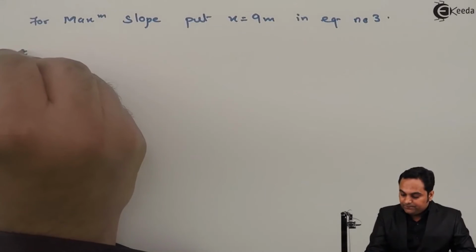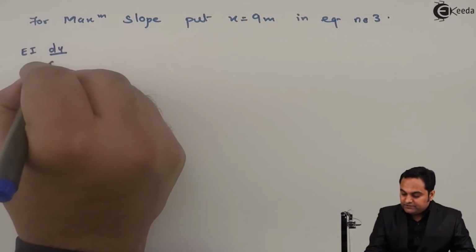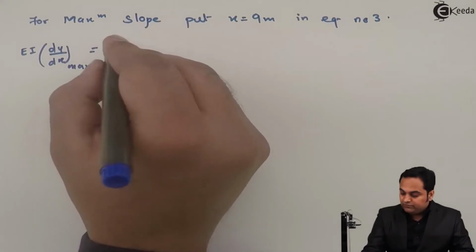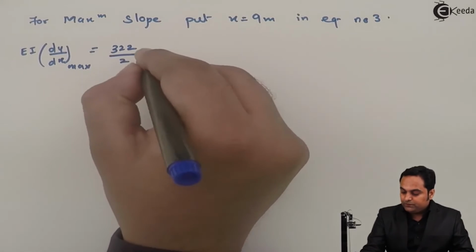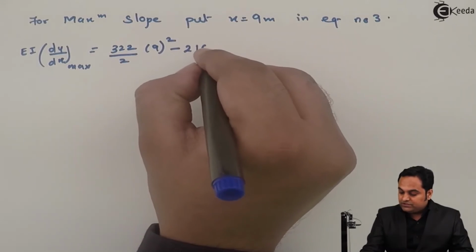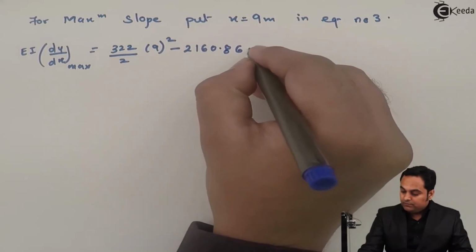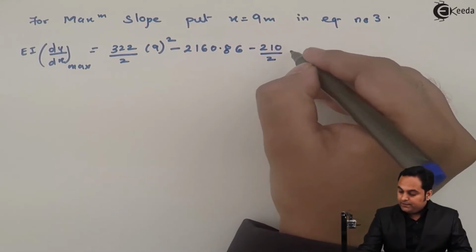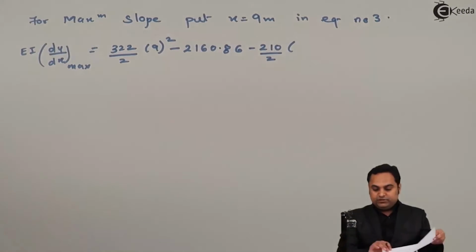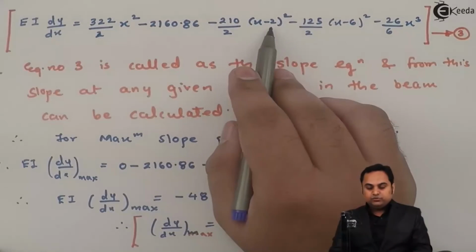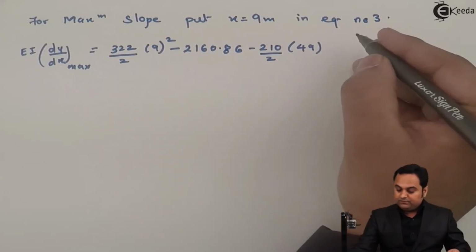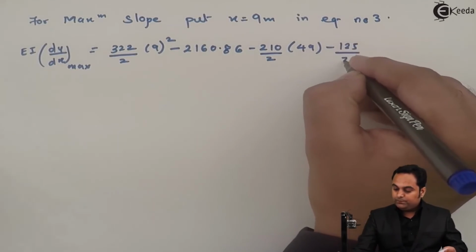So it is EI dy by dx maximum is equal to, the first term is 322 by 2, x that is 9 square, minus 2160.86, minus 210 by 2 into 9 minus 2, that is 7, and 7 square, that is 49, then minus 125 by 2.